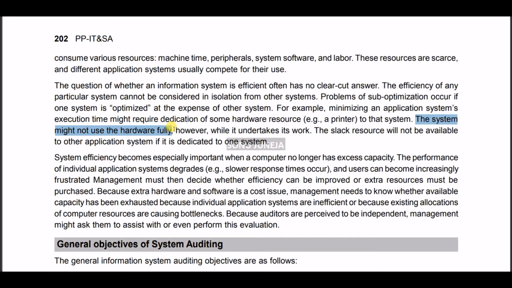A printer is just to print, and while it undertakes some work it will take your job, but by the end of the day you cannot utilize one printer for the entire organization fully. However, you can connect that printer to the entire network to process the data accordingly, but the slack of resources will not be available to the other application systems if they are dedicated to one system.